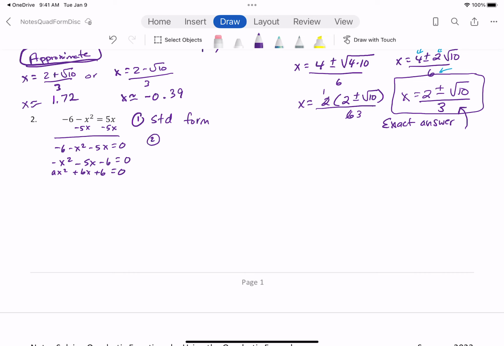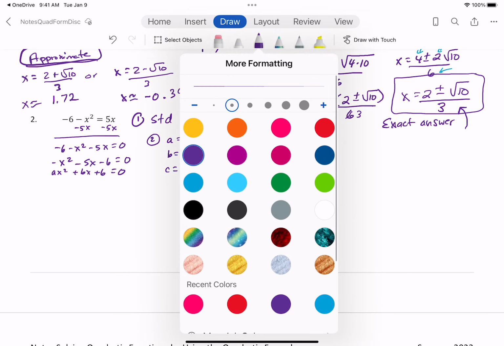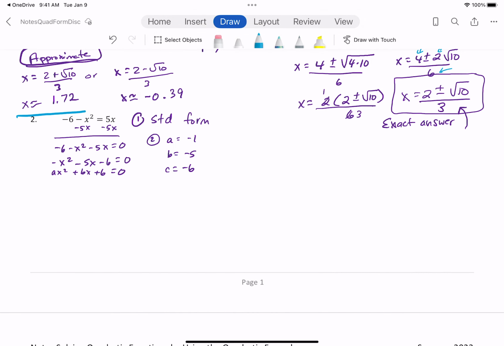So we can read off our A, B, and C. So A in this case is negative 1, B is negative 5, and C is negative 6. And of course from there, we're going to plug it into the quadratic formula.